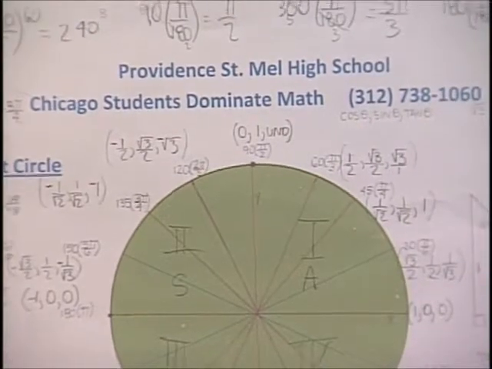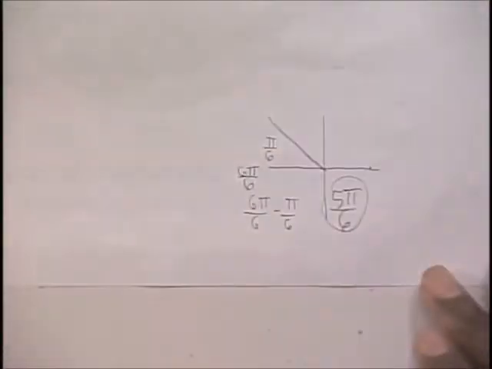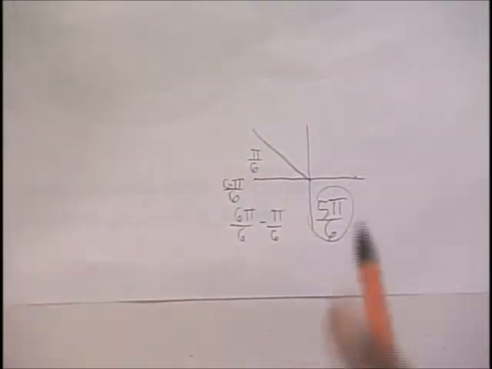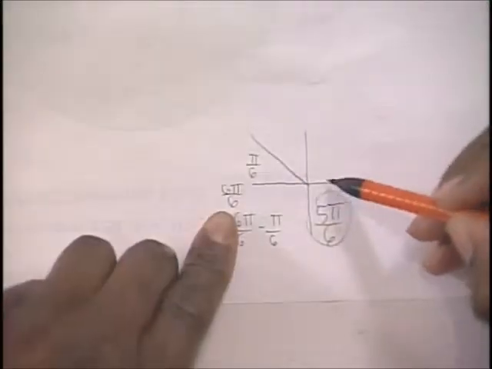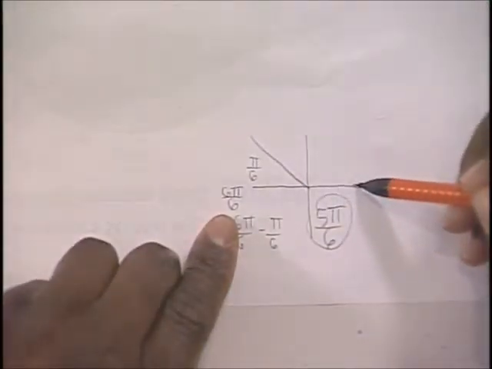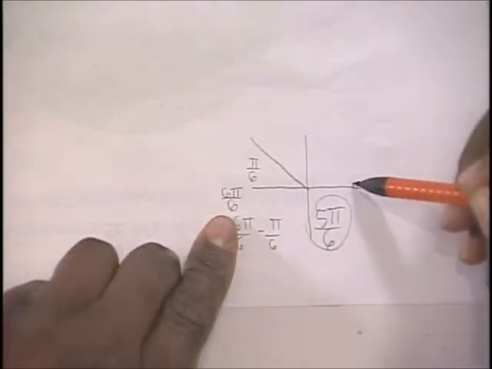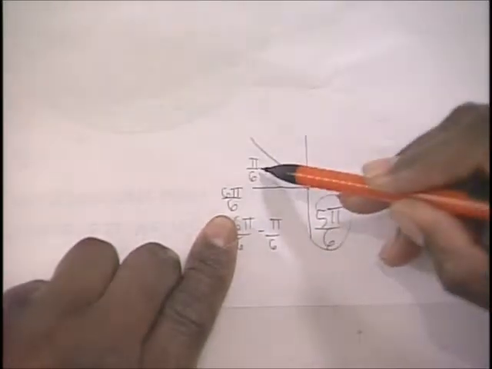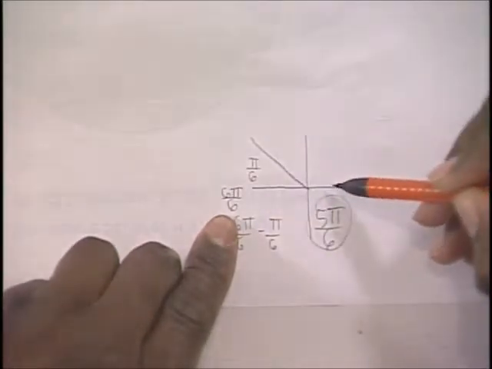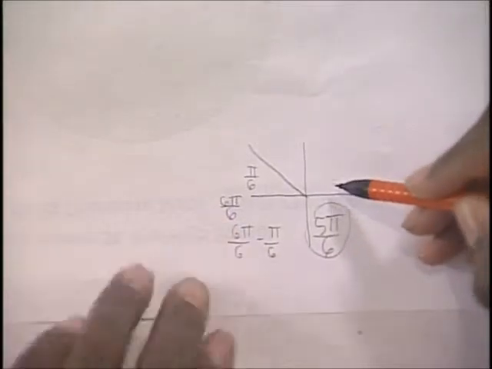Okay, my fault. Right. All right. How did I get to 5 pi over 6? I see the 6 pi over 6, then you got pi over 6, but it ended up 5 pi over 6. Was that like 6 take away 1?